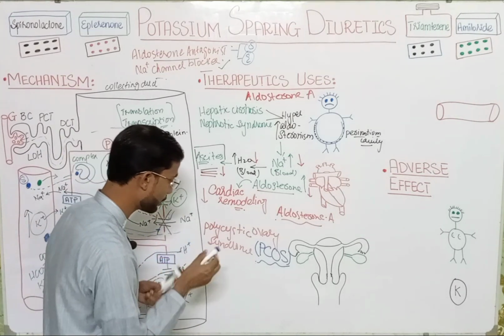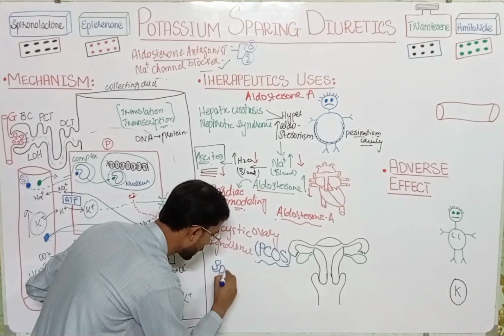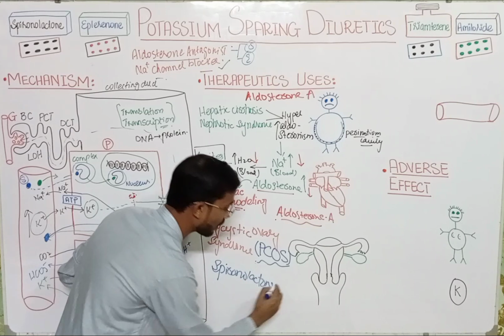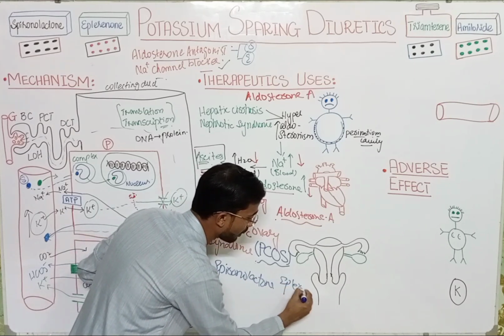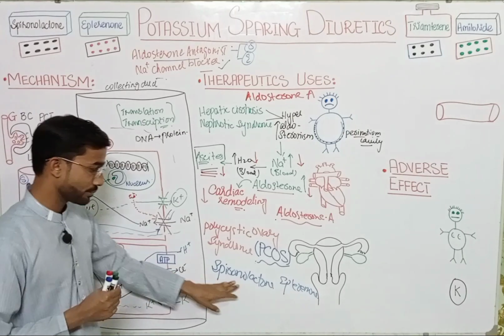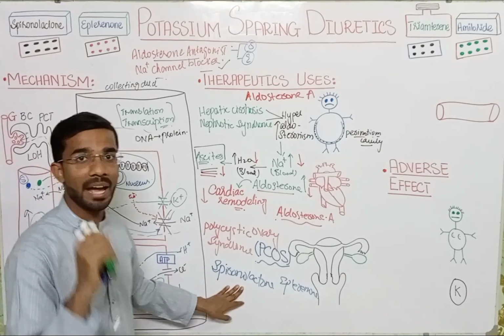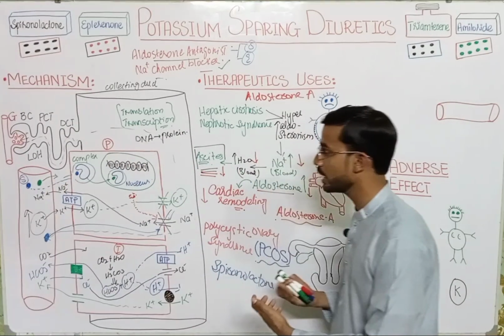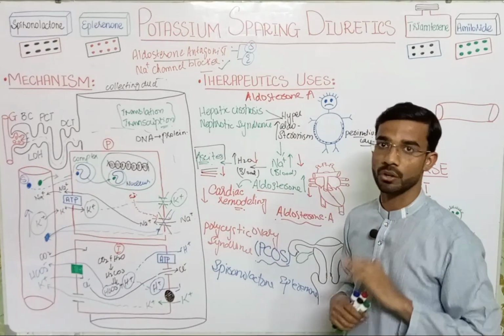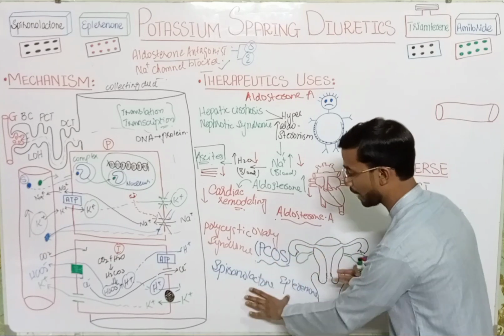First one is spironolactone, and second one is eplerenone. These two drugs, their primary function is binding to the receptor, the aldosterone receptor. This is their primary function.